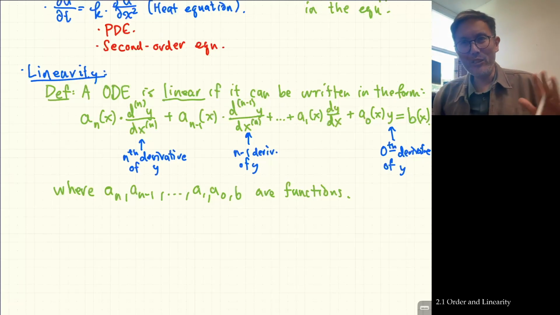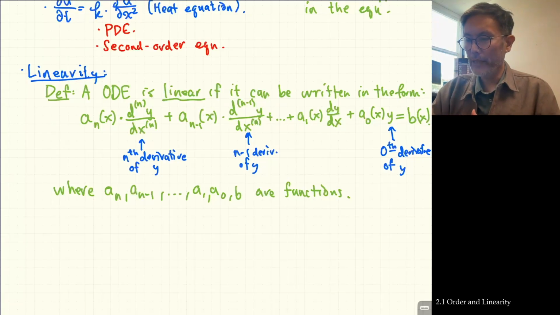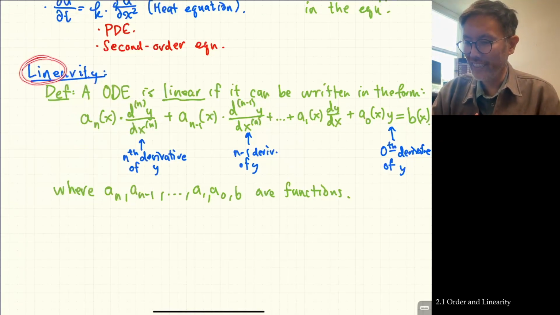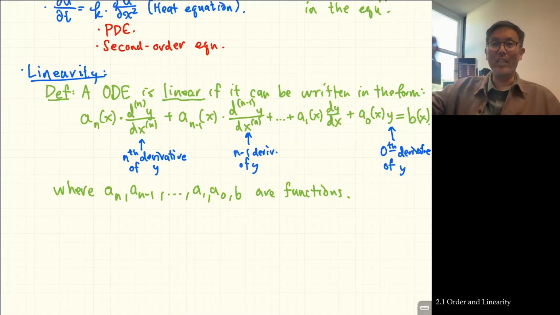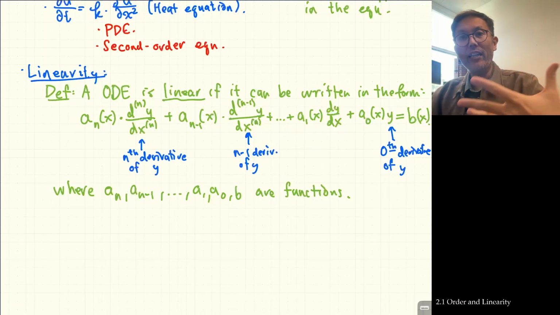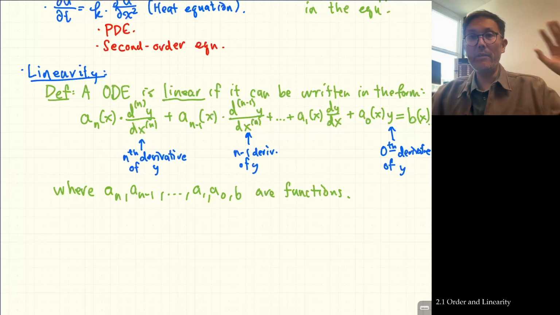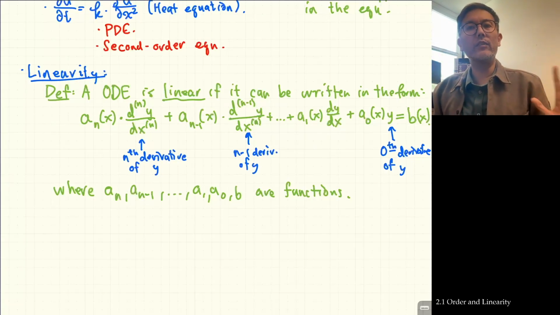Okay, so this might be a very different notion of linearity than the one you're used to. You're used to linearity because it's got this word line in it. You're used to it referring to something having to do with lines. But we in mathematics, and in physics and in many different enterprises, have generalized the notion of line to include other types of objects, things like planes and spaces with particular kinds of structures.